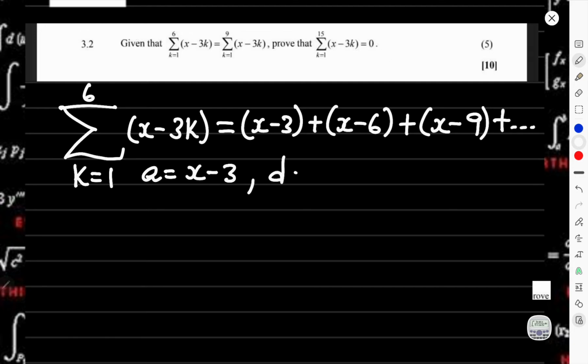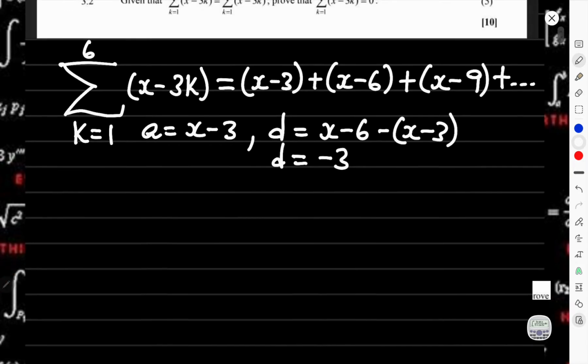We have d, which is t2 minus t1. T2 happens to be x minus 6, and t1 happens to be x minus 3. Because we don't have any exponent here, we conclude that it's an arithmetic series. So x will cancel x, and we are left with negative 3 as the common difference.